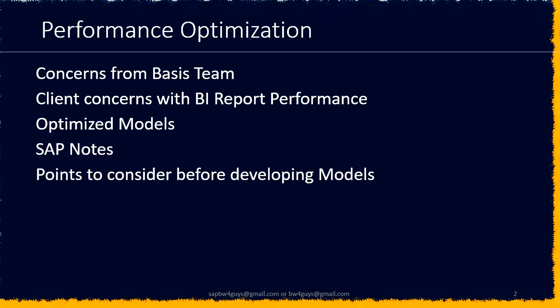Very first, I'm going to talk about the basis team concerns and the client concerns, how we optimized the model, what SAP notes I referred to, and the points to be considered before developing any models.